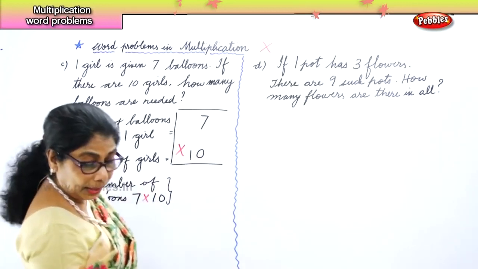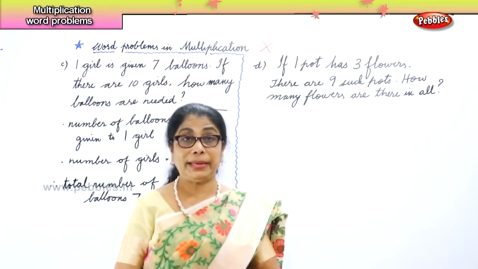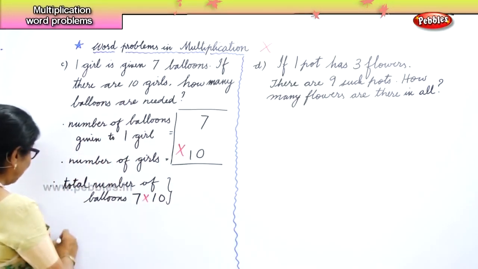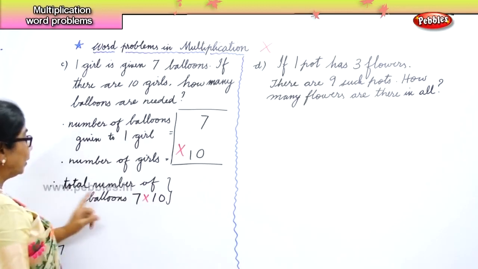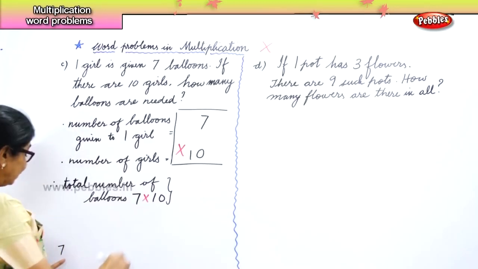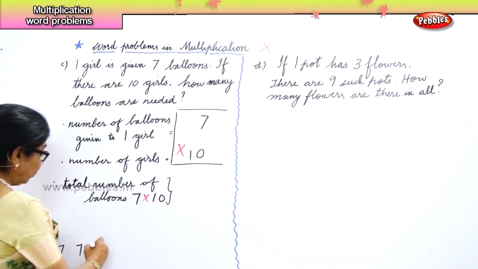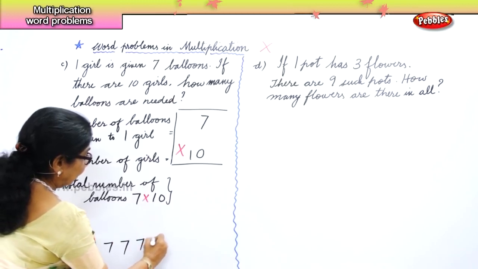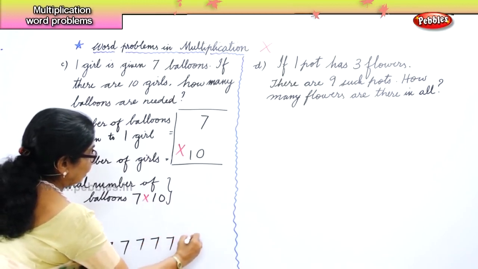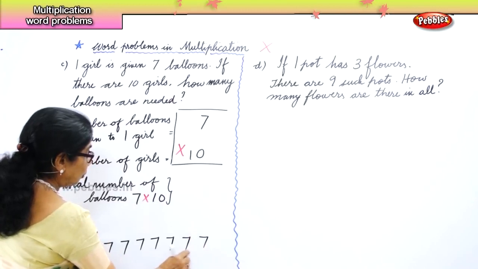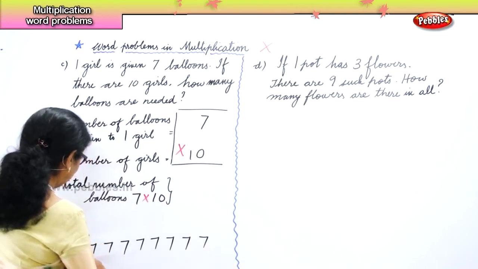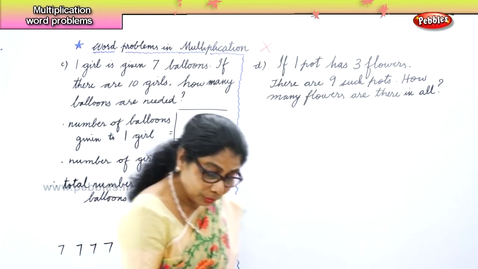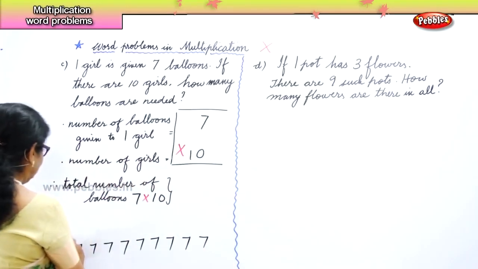Now, we learned multiplication is repeated addition. One girl gets how many balloons? 7. And then how many girls are there? 10. 1, 2, 3, 4, 5, 6, 7, 8, 9, 10. 10 sevens are, very good, 70.